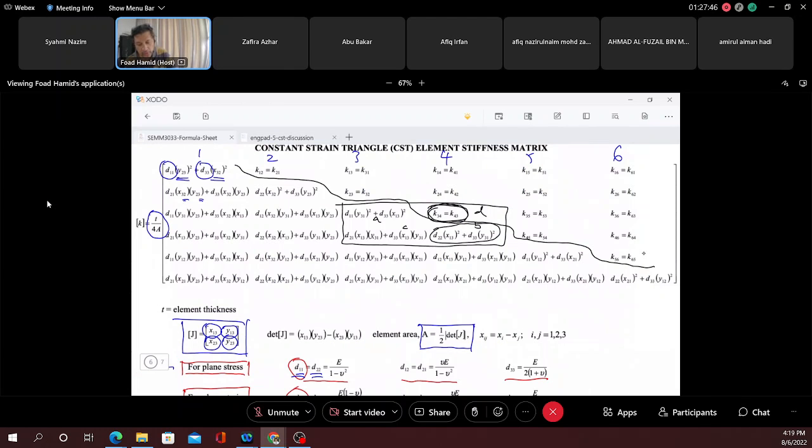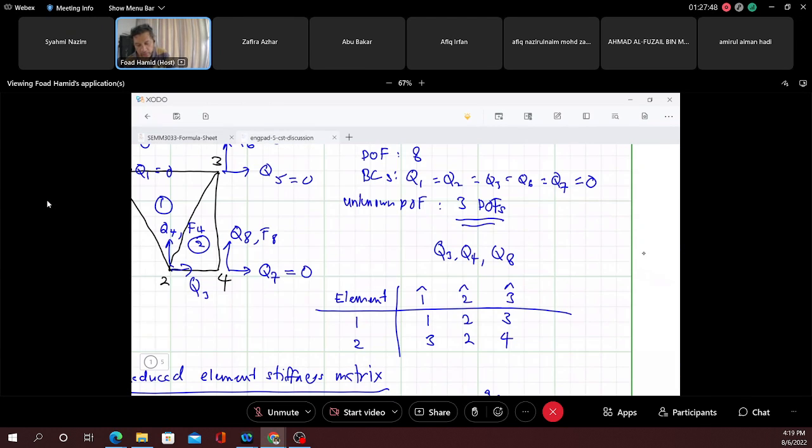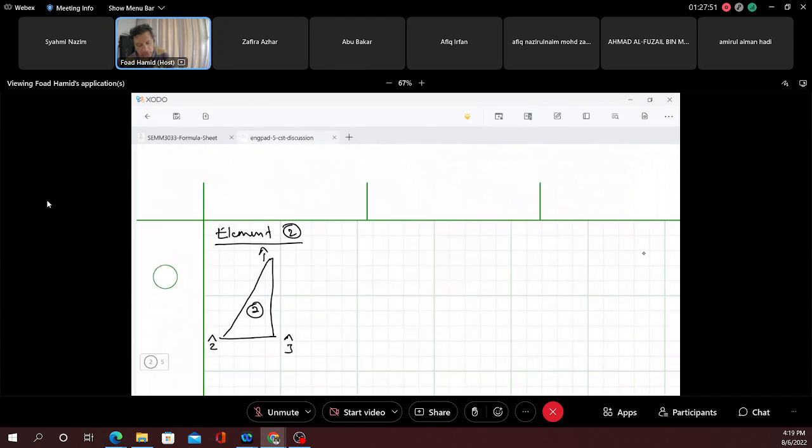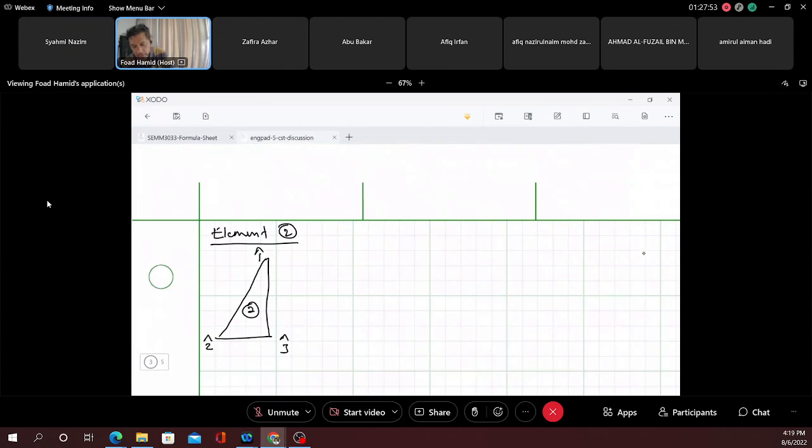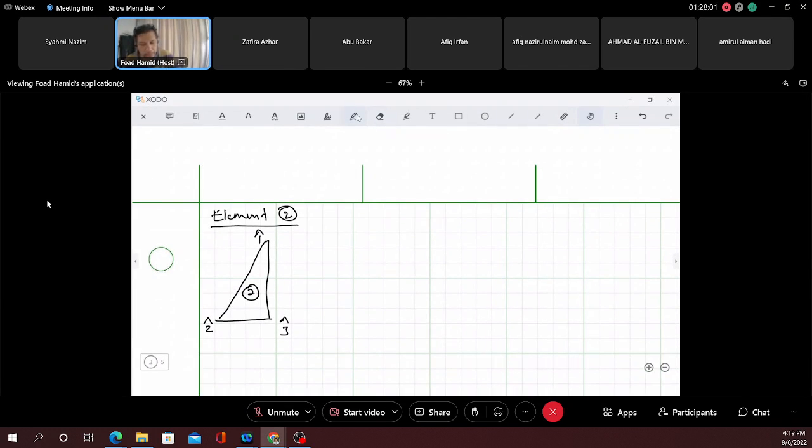So let's continue this. What I can do here is change the pen color. Let me use blue now. Okay, so this is our node number 3, node number 4, and sorry, this is not node number 2, right?